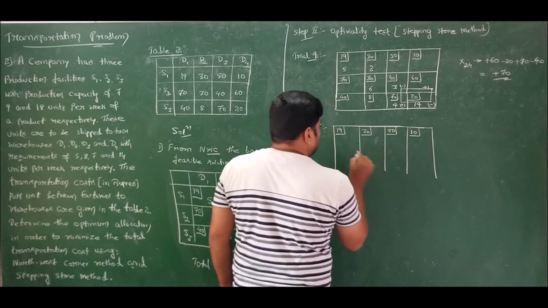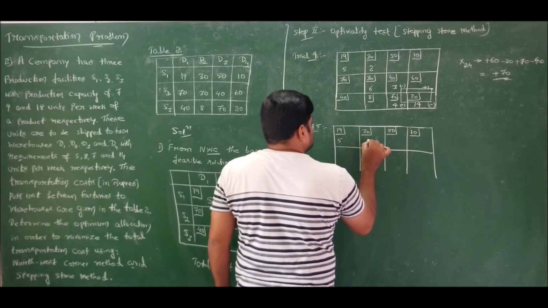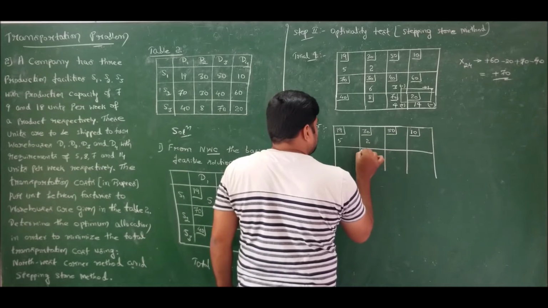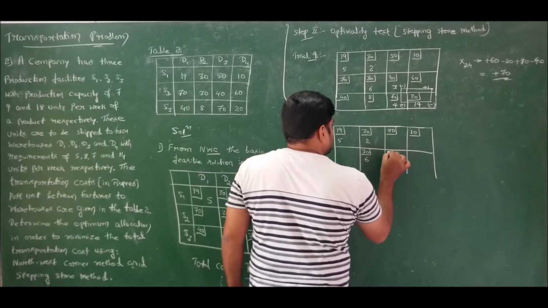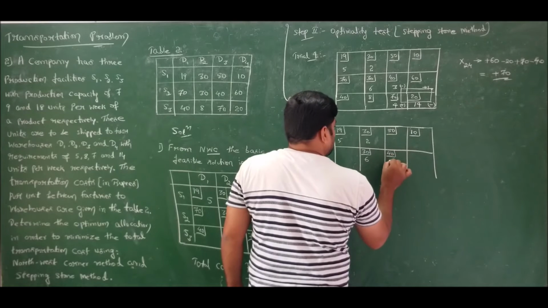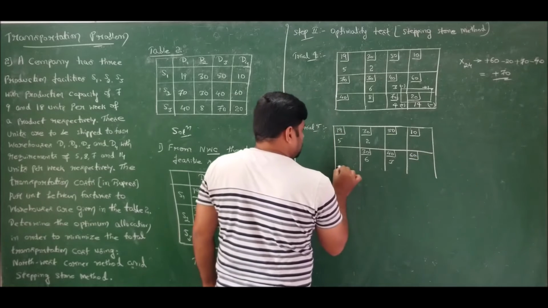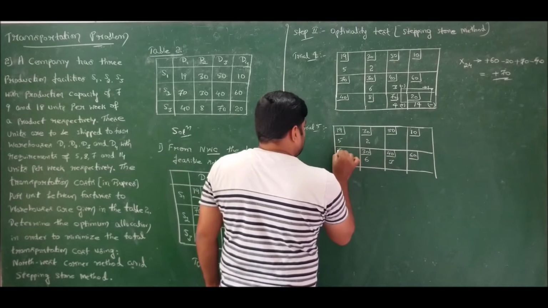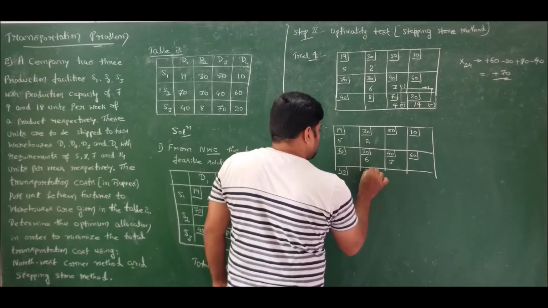Our aim is to find out the net decrease in cost. So all the 4 trials are giving us a net increase in cost. So therefore all 4 trials have become undesirable for us. Now let us check the remaining 2 which are waiting to be inspected, that is cell number x31 and x32.